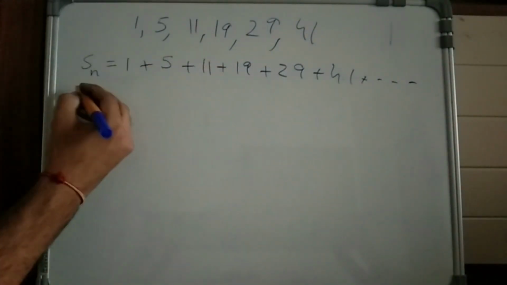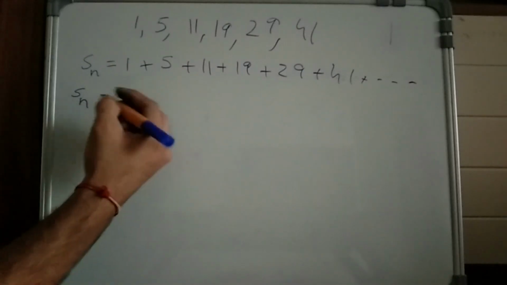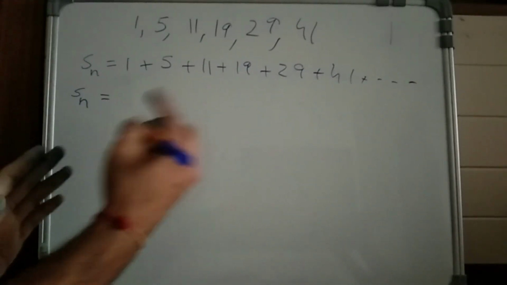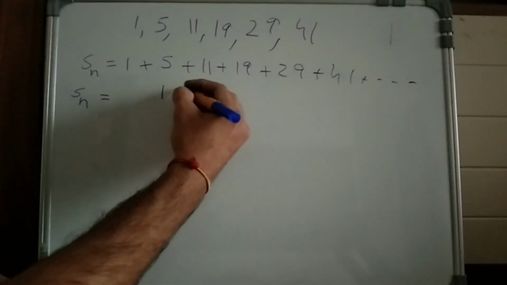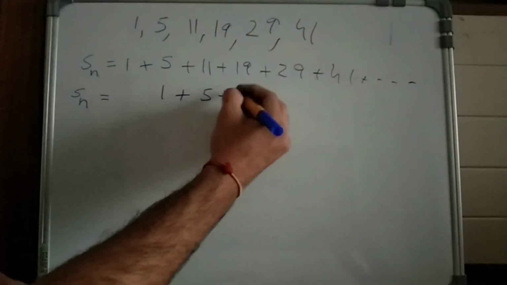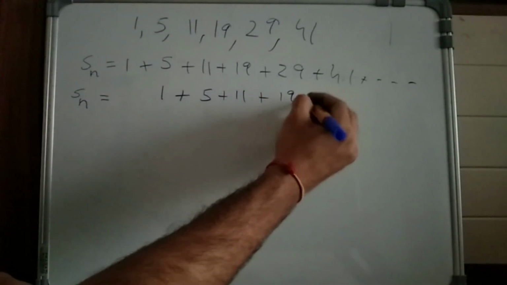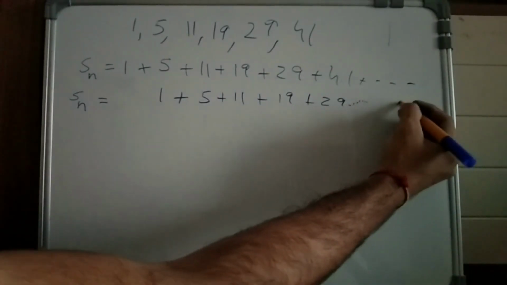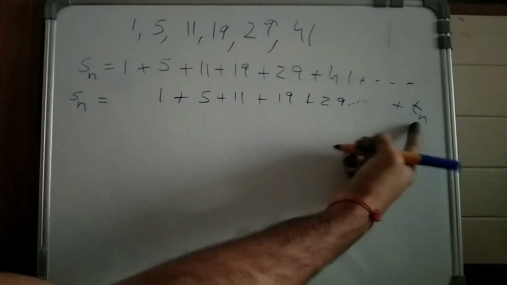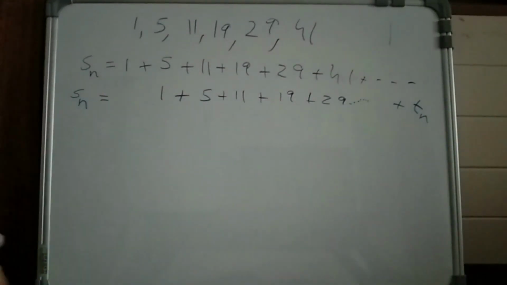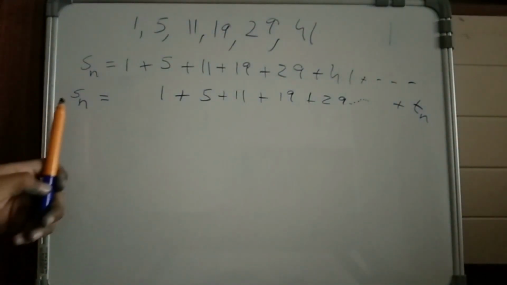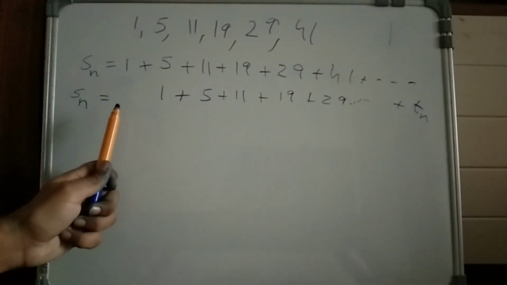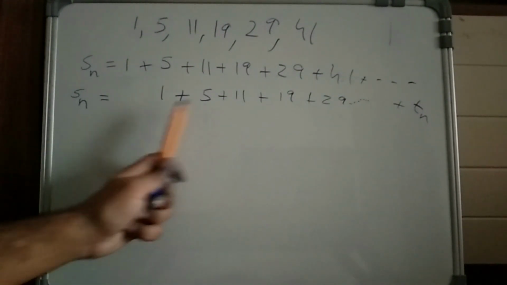Again write the same sequence, but shift the sequence by 1 unit towards the right: 1 plus 5 plus 11 plus 19 plus 29, and plus Tn. This will be the last term. I have just written down the same sequence but shifted it by 1 unit towards the right.